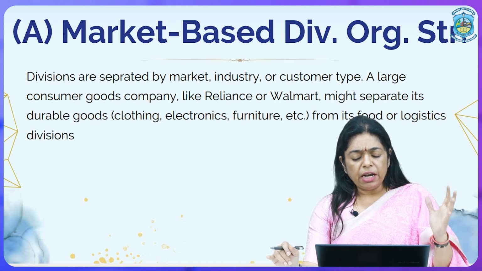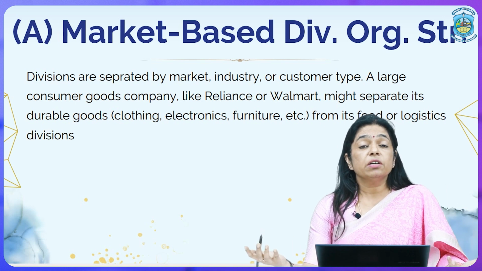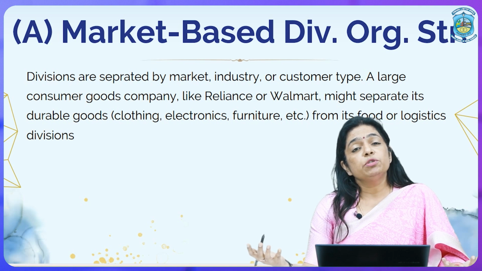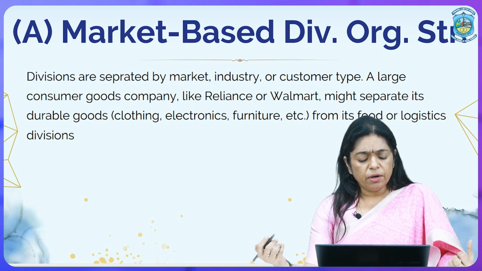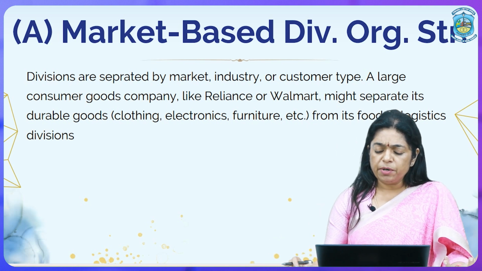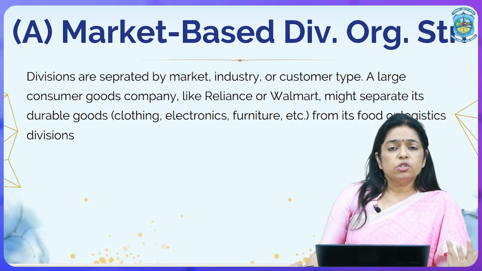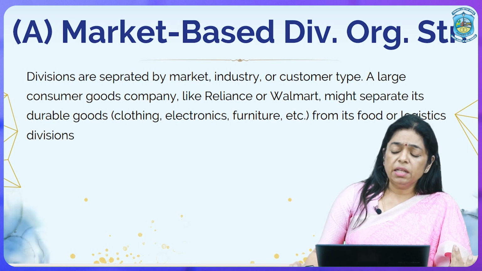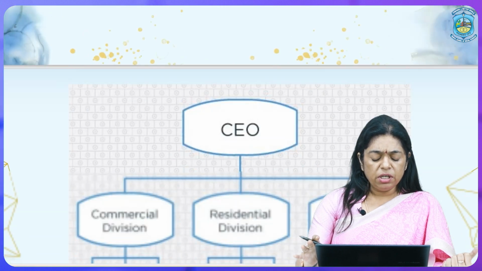Just like we have Reliance and Walmart, which are companies that basically sell products to the consumers. They may have a separate section for durable goods, and a separate section for logistics. So based on the products that they are selling, they may have a separate market-based divisional organizational structure.